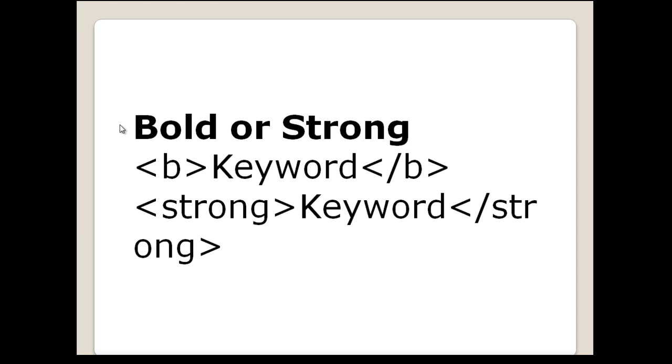So be sure that you make those words or phrases bold. Especially use the strong tag. The bold tag is obsolete and not used as much these days, but the strong is something that you should be using with your important keywords, so pay a little attention there as well.